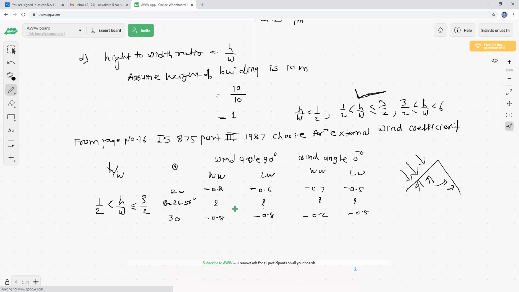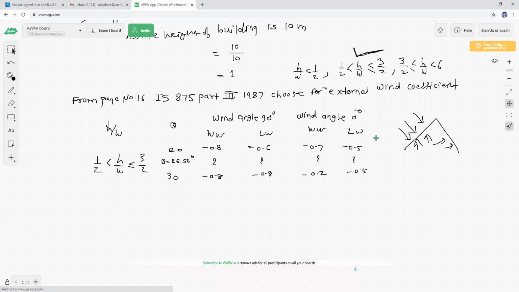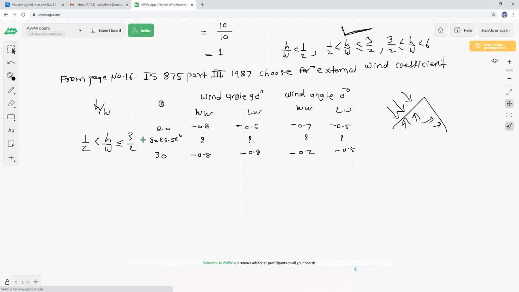So now this we have to find out from this table. Please, everyone got it? Whatever I have written here, this is from this IS 875 part 3, page number 60.